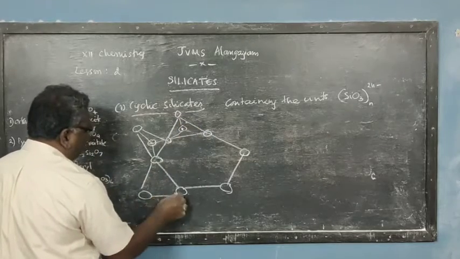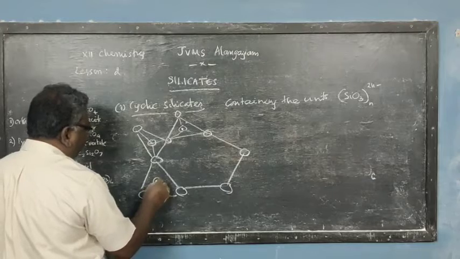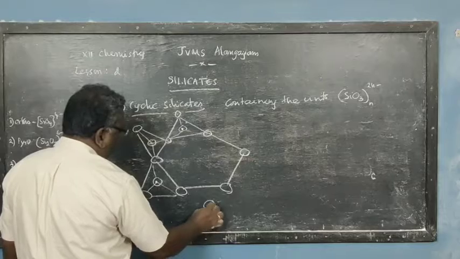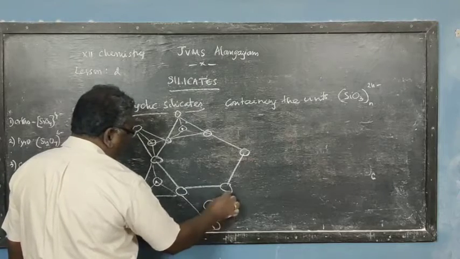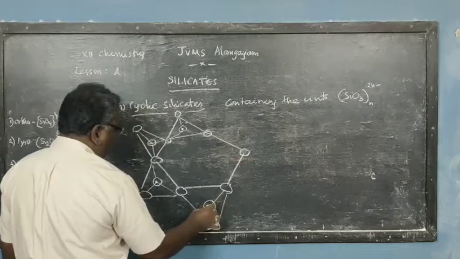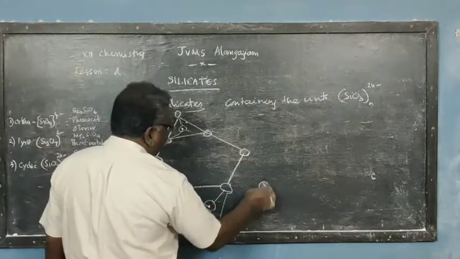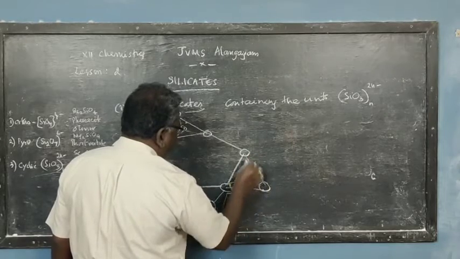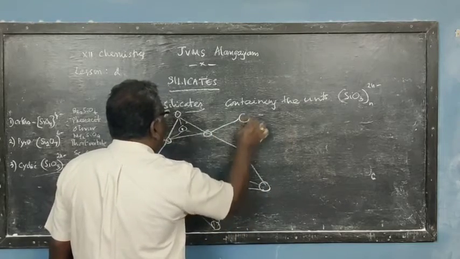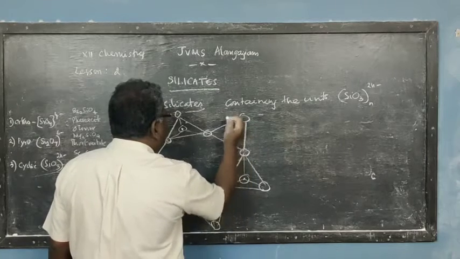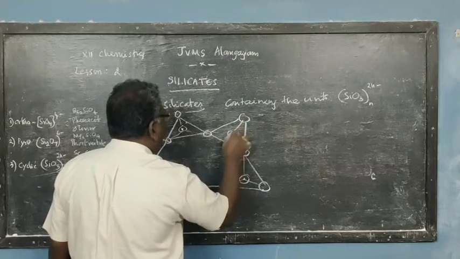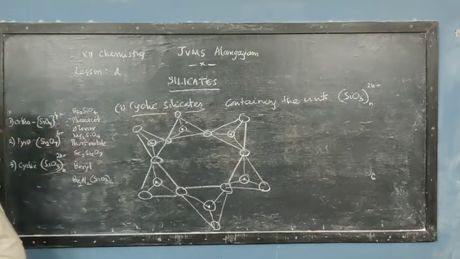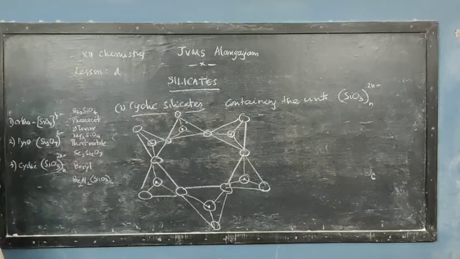One oxygen here with silicon in the middle. One oxygen with silicon and one oxygen here. One oxygen here, one oxygen in the middle. One oxygen here, silicon in the middle. Right? Now we have 6. This also is a type of cyclic silicates.